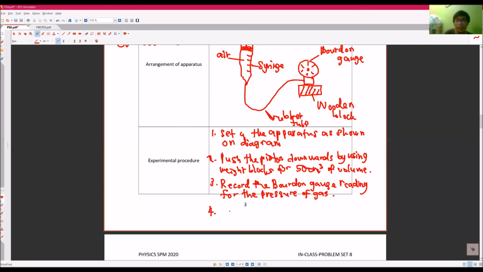Number 4, repeat the experiment for volumes of 40, 30, 20, at least 4 more data, and one more, 10 centimeter cube of gas.